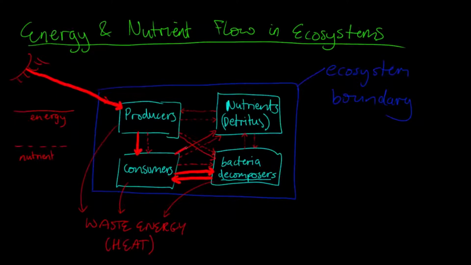There's also an exchange of energy from the consumers to the detritus, or the available nutrients of the ecosystem. And energy can go to the bacteria when the plants die and need to be broken down. And then all the dotted lines represent nutrient cycling.